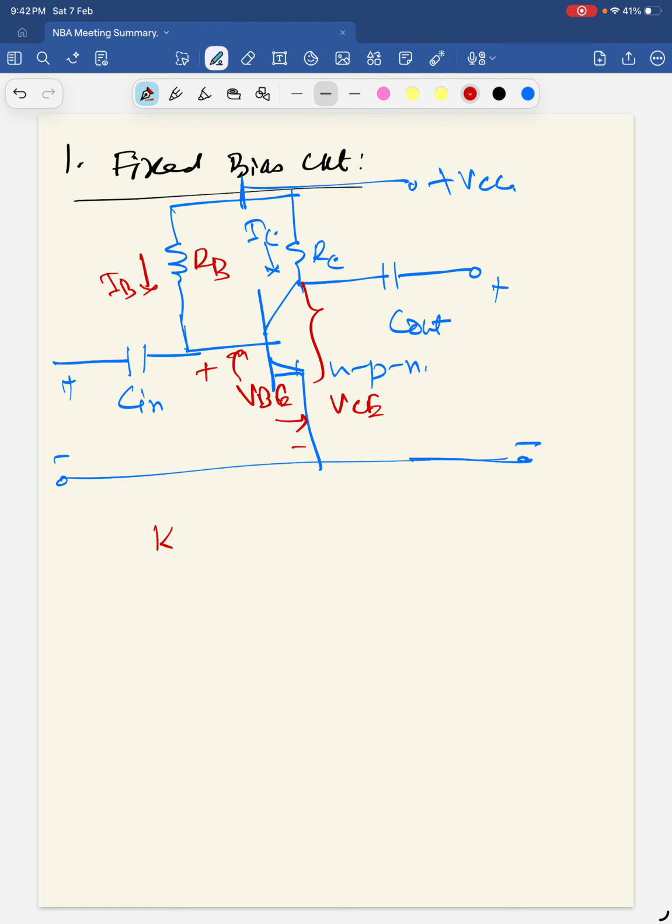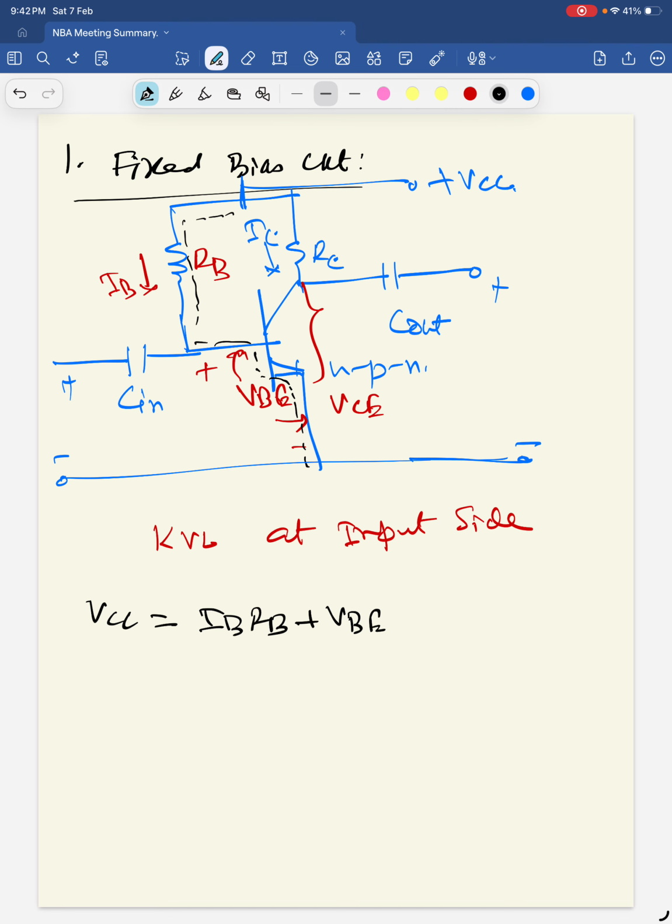Now we will consider this path, the input side. We will use KVL, Kirchhoff's voltage law, at the input side. So VCC is equal to, taking this path, this direction, up to this. According to that, VCC is equal to IB RB plus VBE.